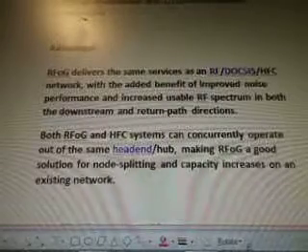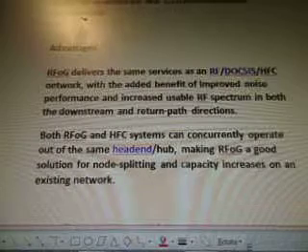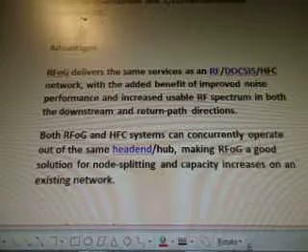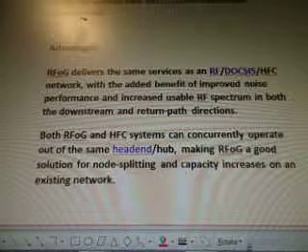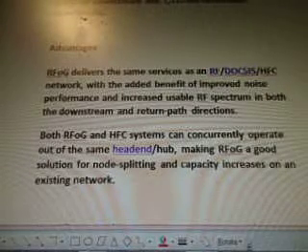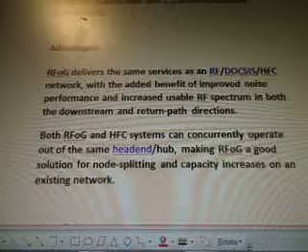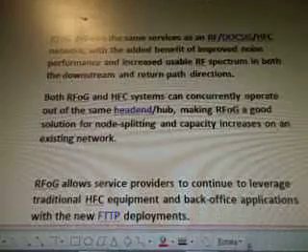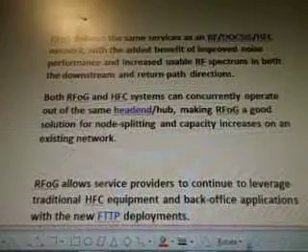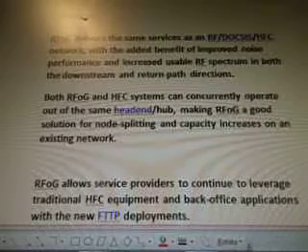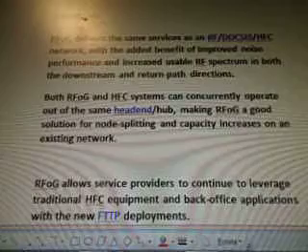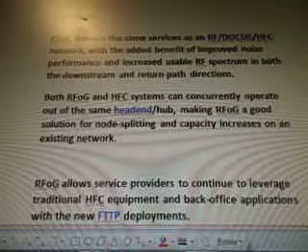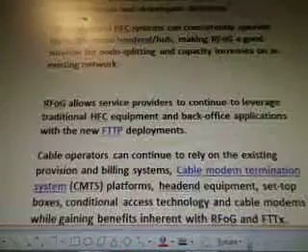The advantages: RFOG delivers the same services as an RF DOCSIS HFC network with the added benefit of improved noise performance and increased usable RF spectrum in both the downstream and return path directions. Both RFOG and HFC systems can concurrently operate out of the same head-end hub, making RFOG a good solution for node splitting and capacity increasing on an existing network.